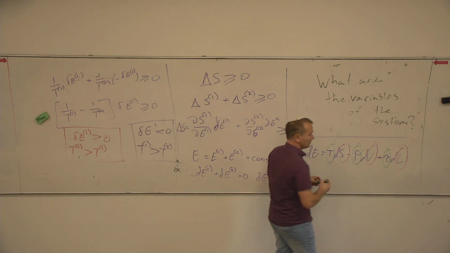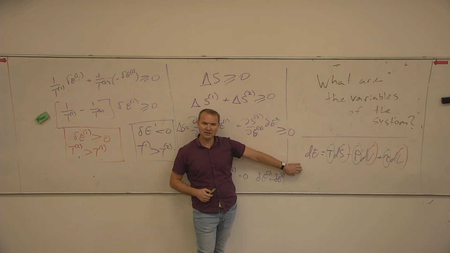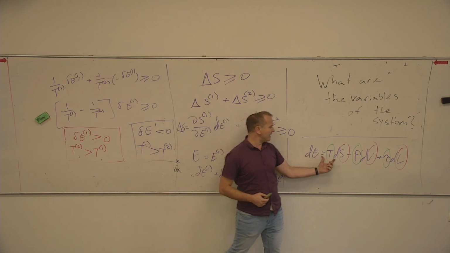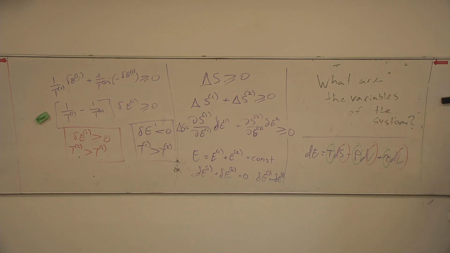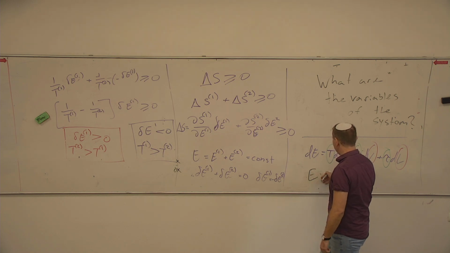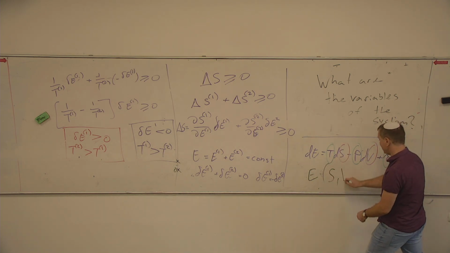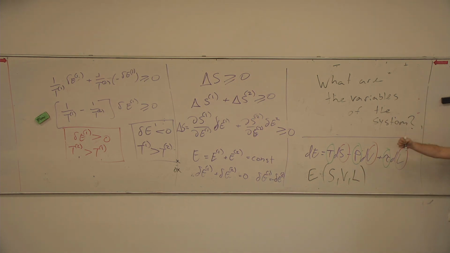forces. Okay? So from a mathematical perspective, when I write a differential of any function and I get a bunch of different differentials multiplied by something, it means the following. For this case, I know that E is a function of S, V, and L. Whatever stands in the differentials are the variables of my system.